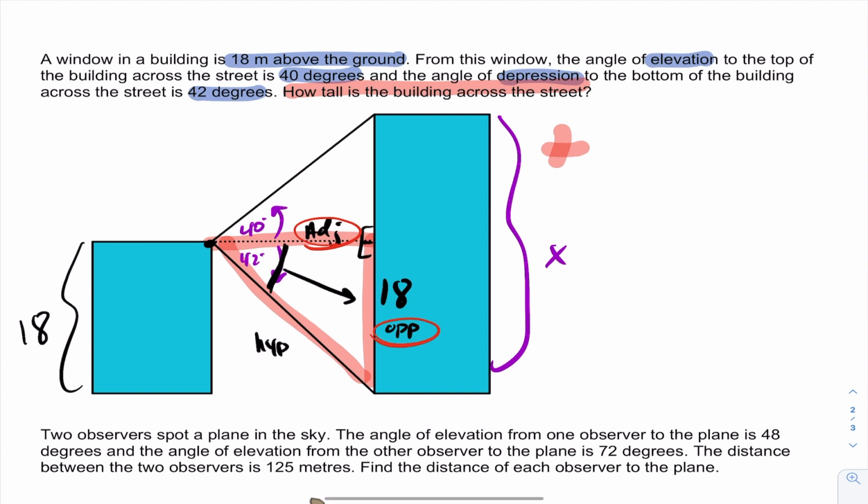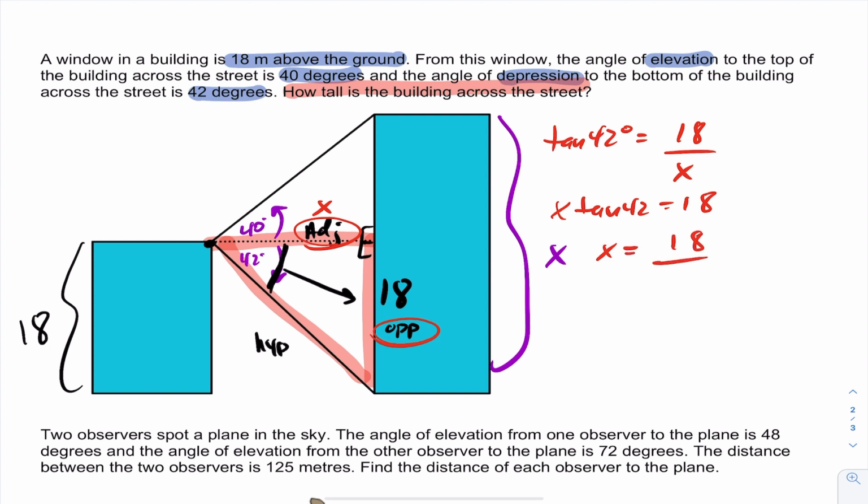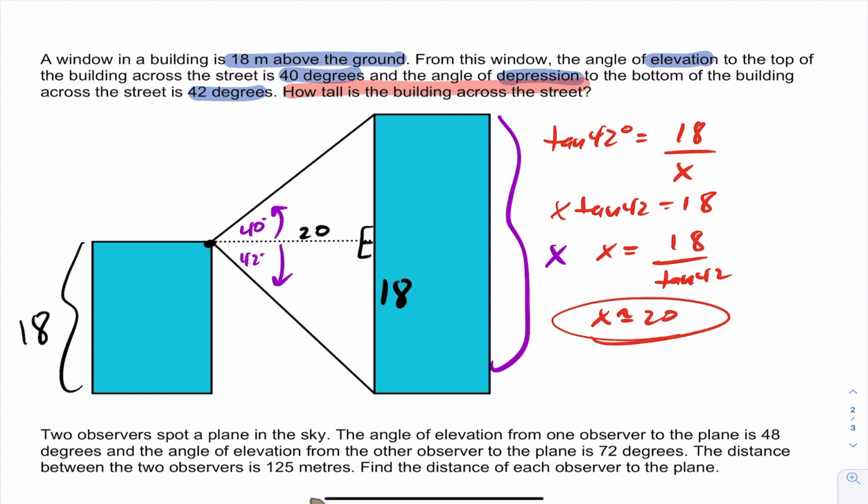So I can set this up as tan of 42 degrees equals my opposite, which is 18, over my adjacent. I'm going to label this with an x, supposing I want to solve for that. So multiply across by x, you get x tan 42 is 18. Keep in mind that the tan of 42 is a number. Divide across by tan 42, and I get x is approximately 20 meters.